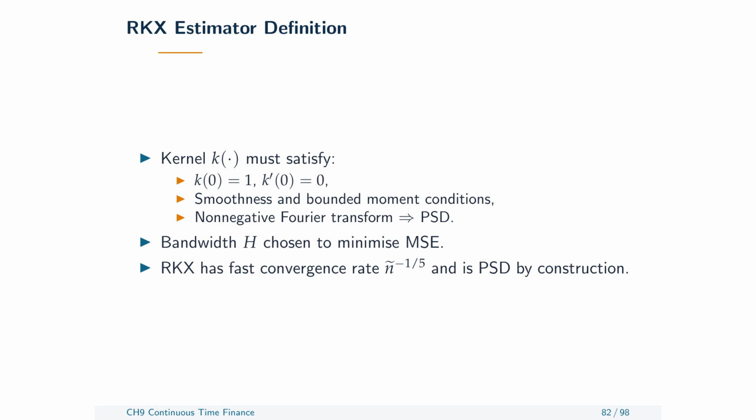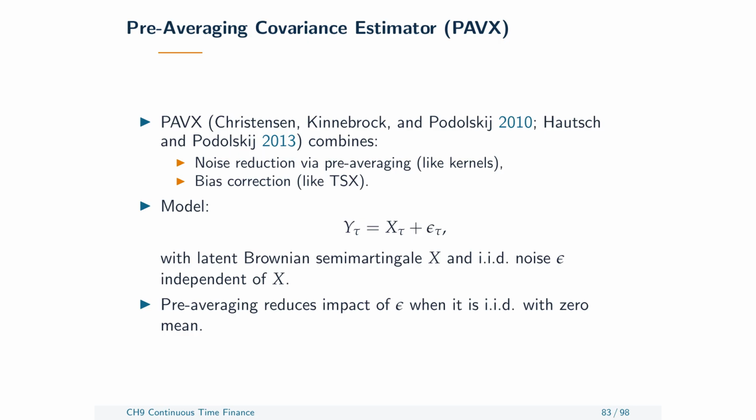TSX subtracts estimates across scales and is easy to interpret, but may require a positive semi-definite correction. RKX smooths autocovariance with a kernel and is positive semi-definite by design. PAVX smooths returns and subtracts noise bias, offering a fast convergence rate under its assumptions, but potentially requiring a matrix correction.